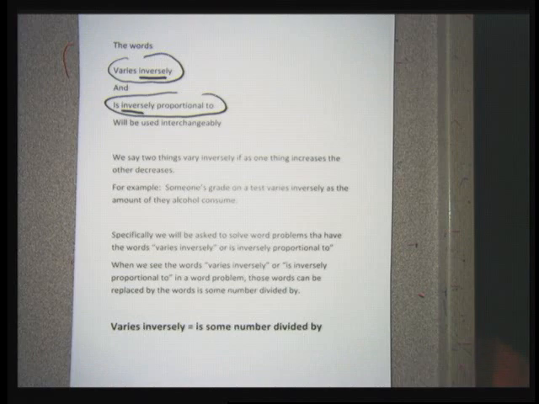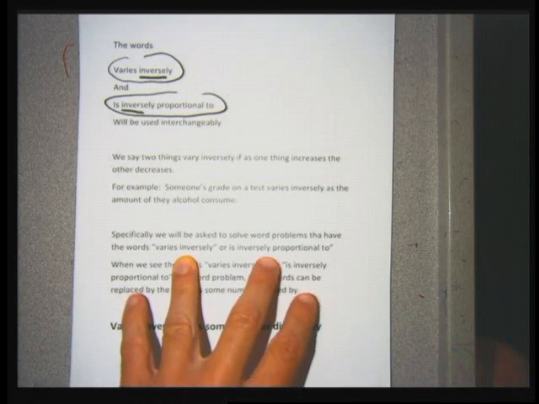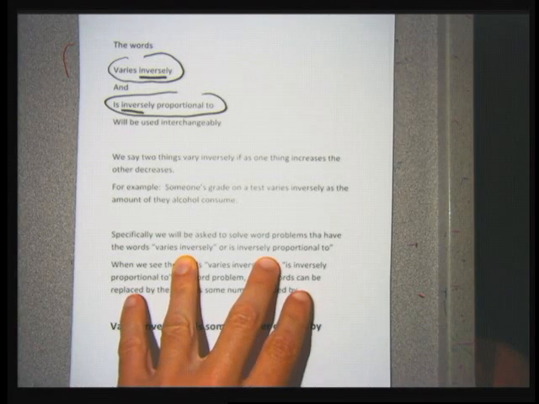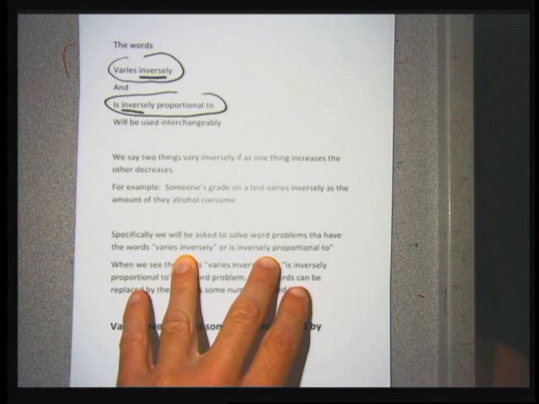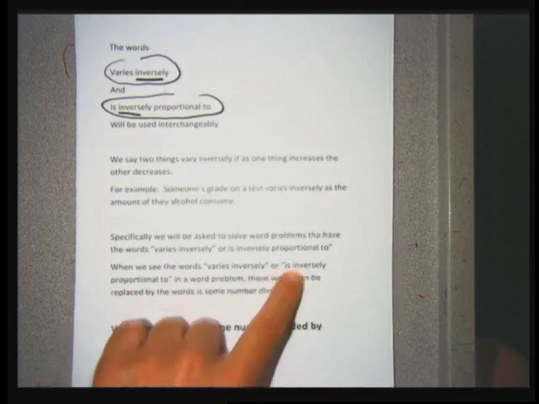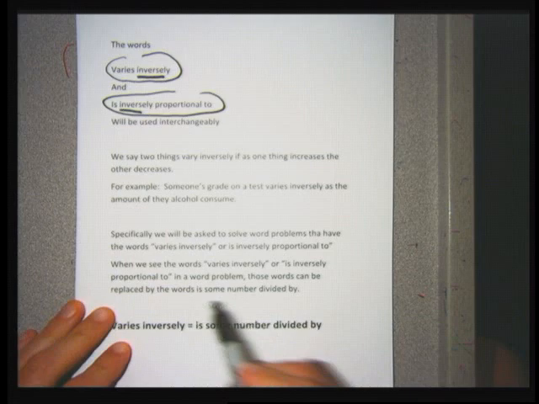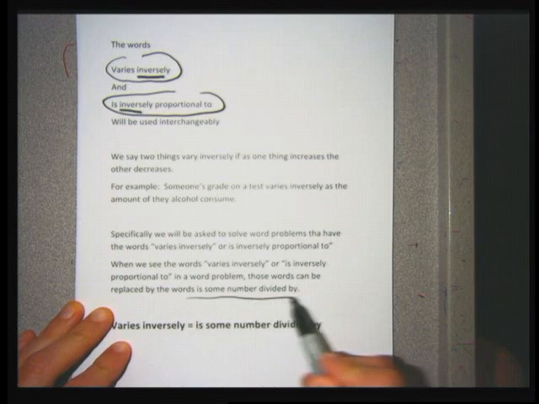When we get into the section, we'll be solving word problems. Some of the word problems will have the words varies inversely or is inversely proportional to. When I see those words in a word problem, they're going to make it hard for me to solve, so I'm going to replace them with the words is some number divided by.